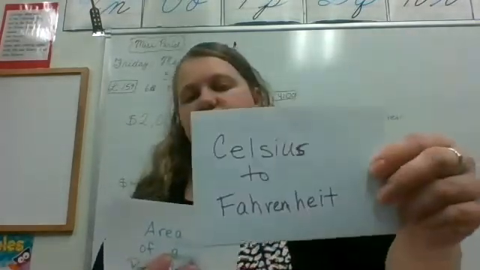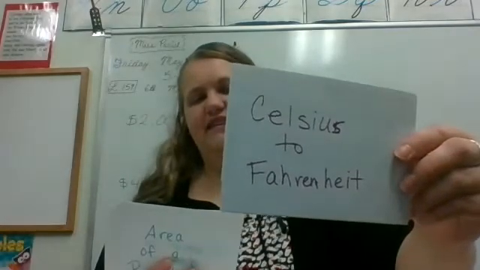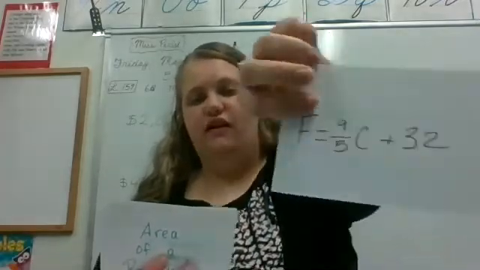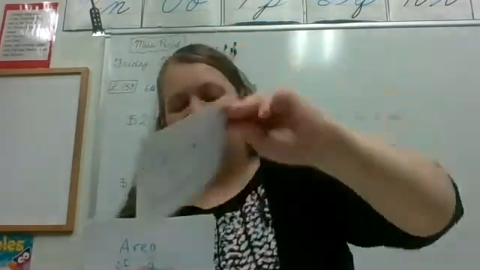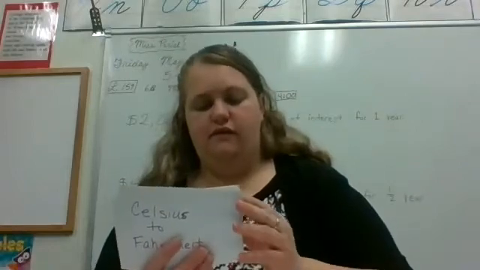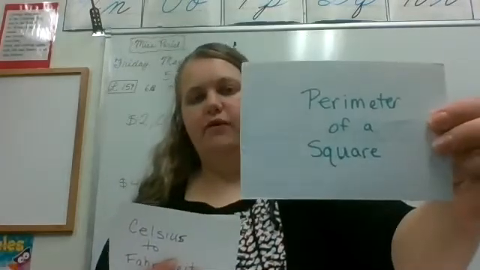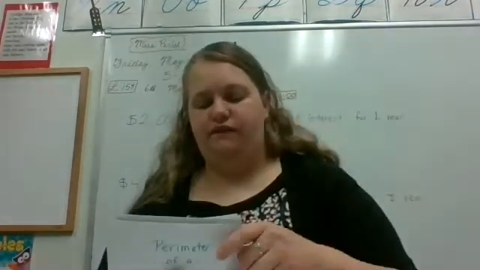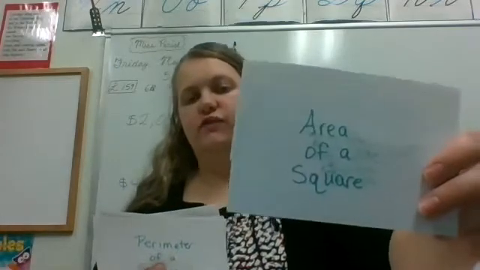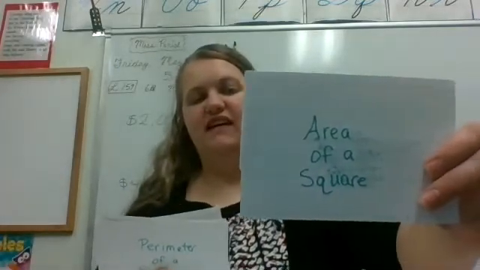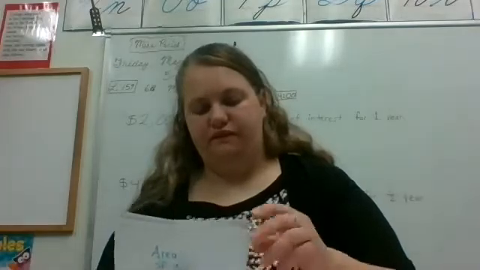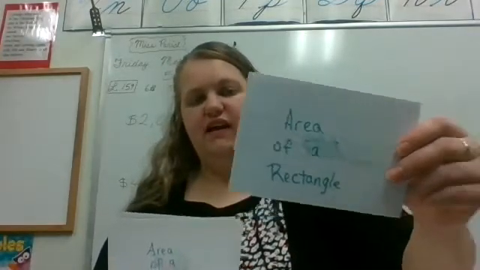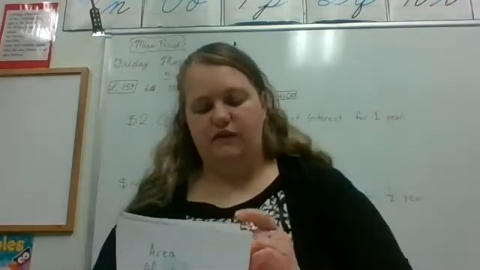What about Celsius to Fahrenheit? Okay, F equals 9/5 C plus 32. 9/5 times C plus 32, all right. Perimeter of a square. P equals 4 times S. What about area of a square? A equals S squared. Area of a rectangle? A equals length times width, or L times W.